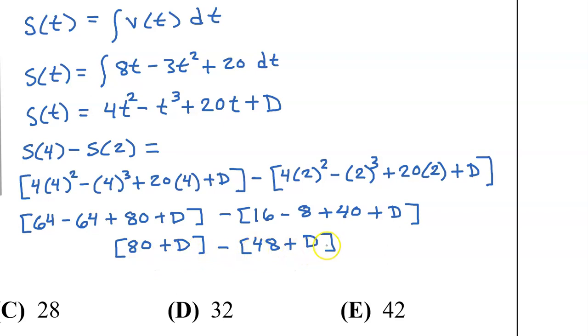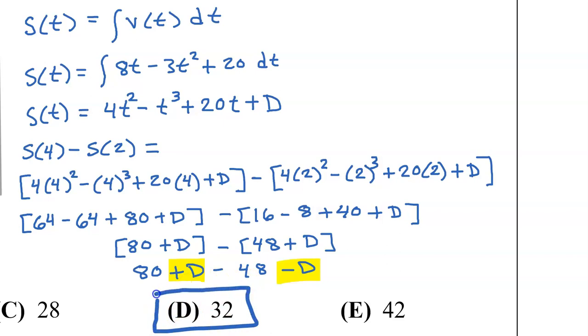We still have this d, but that's okay because once we distribute the minus sign, we have 80 plus d minus 48 minus d. So you can see that the plus d and the minus d will cancel each other out, and we are left with 80 minus 48, just like we had by the other method. So the answer is D.